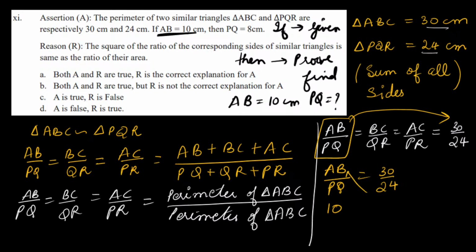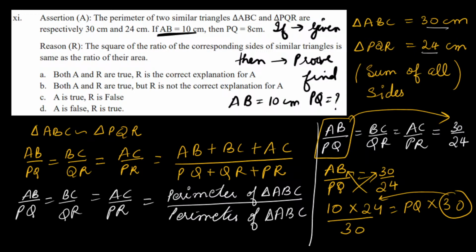So now we can do cross multiplication. 10 into 24 is equal to PQ into 30. Now if I shift this 30 to the other side, it will get divided. I am going to do cancellation here: 0 and 0 get cancelled, 3 into 1, 3 into 8. So what is the value of PQ we are getting?